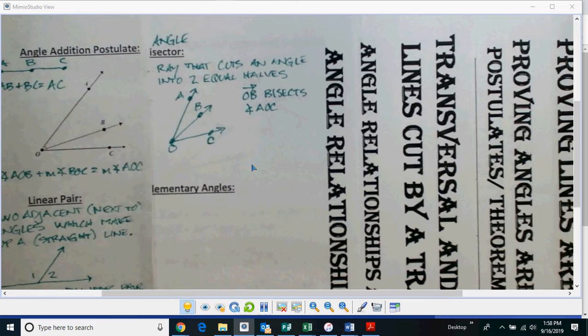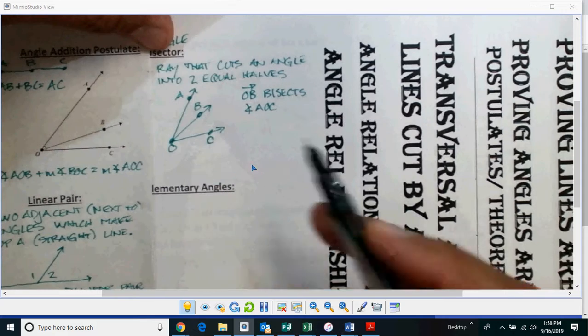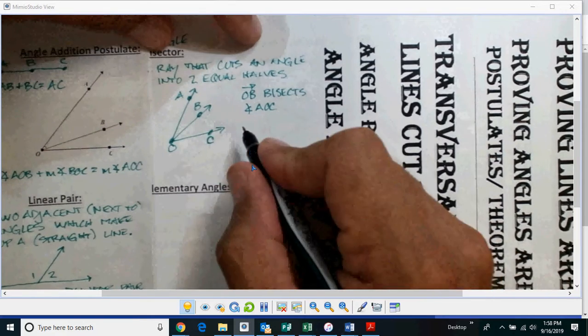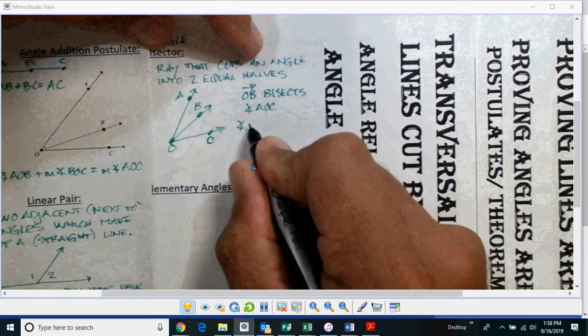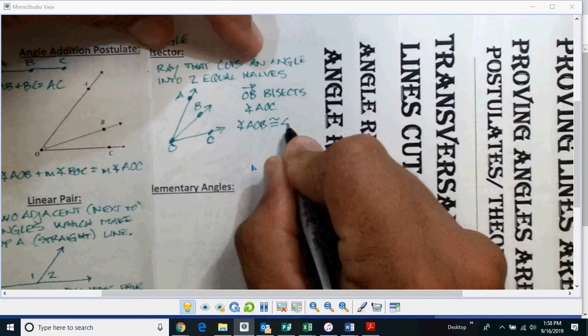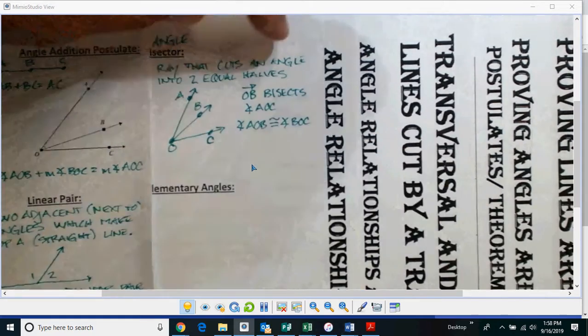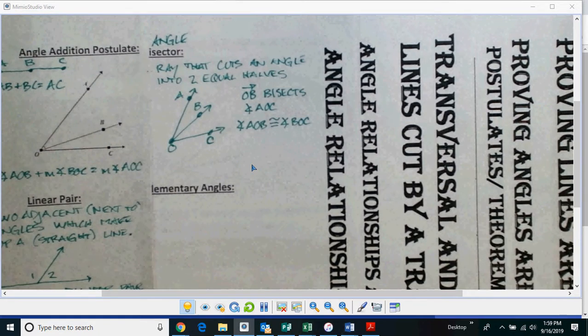So if OB bisects angle AOC, what does that mean about AOB and BOC? They are congruent. So that means that angle AOB is congruent to angle BOC.